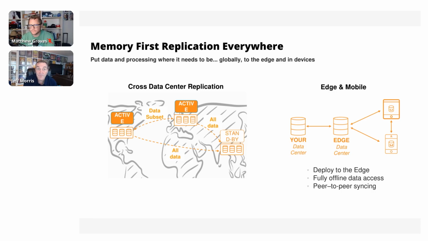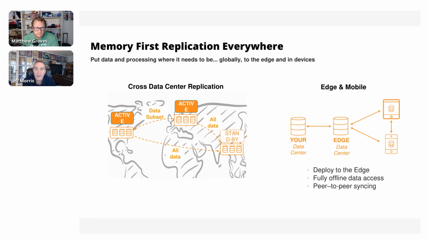Our XDCR has filtering baked into it, so you can say send only the European data to the European cluster, and make residency requirements, and adhere to those for things like GDPR. And then of course we'll talk about our edge and mobile capabilities also, but you can synchronize data to our edge servers, you can synchronize data down to clients and back, same kind of thing.